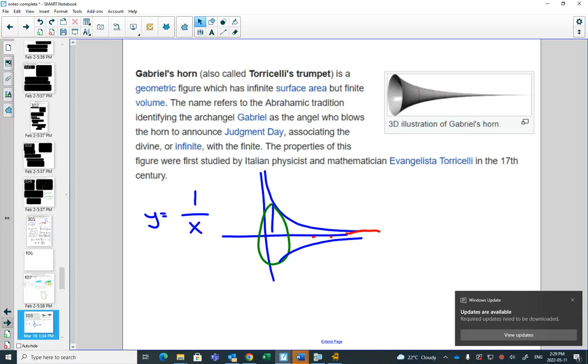But if you pulled the paint out to try to paint the outside, you'd run out. There's no end to it, but there's also no end to its volume. But you can find the value for one of them, but not for the other. This is why it is an infinite surface area but finite volume. Anyways, similar.